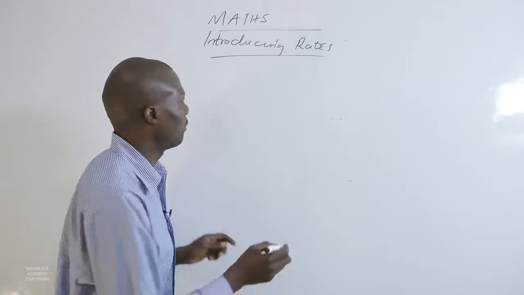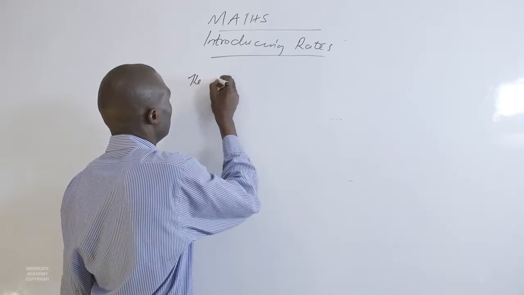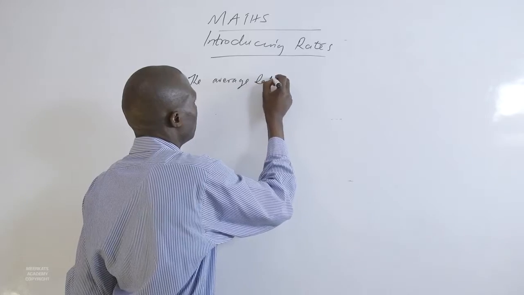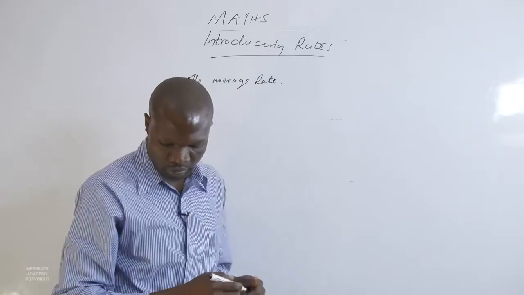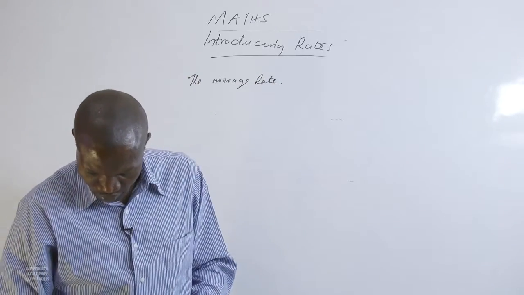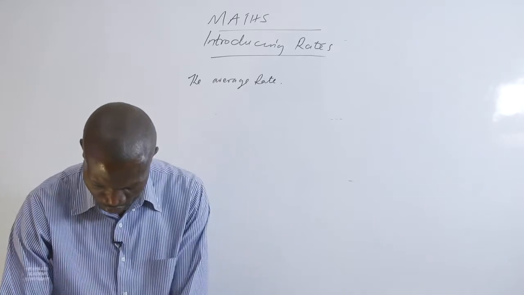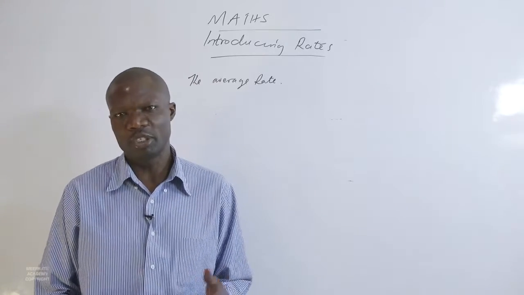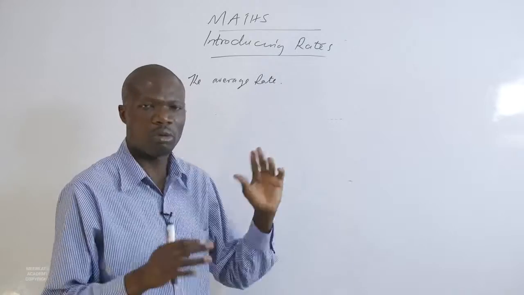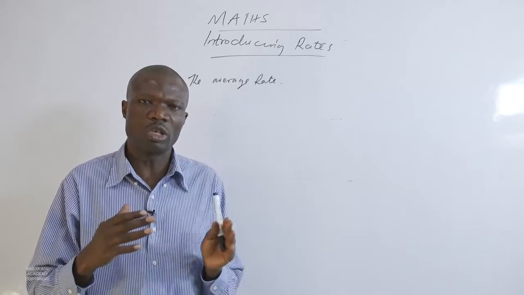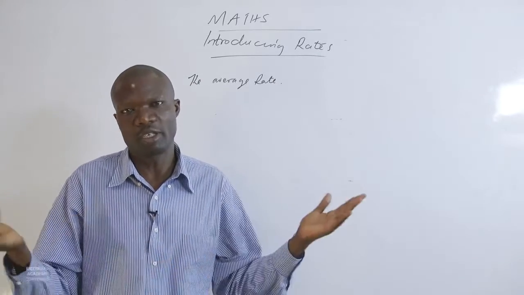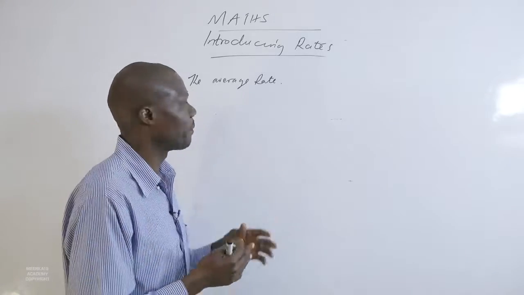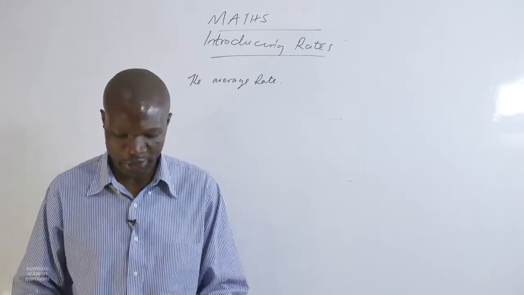There is what we call the average rate. Now, when you talk about average, this is not new. Mostly, when you talk about average between two quantities, you normally take the sum of the two quantities over 2. What happens when we talk about average rates?